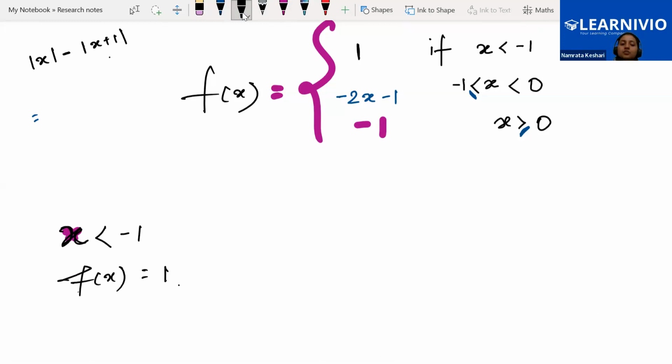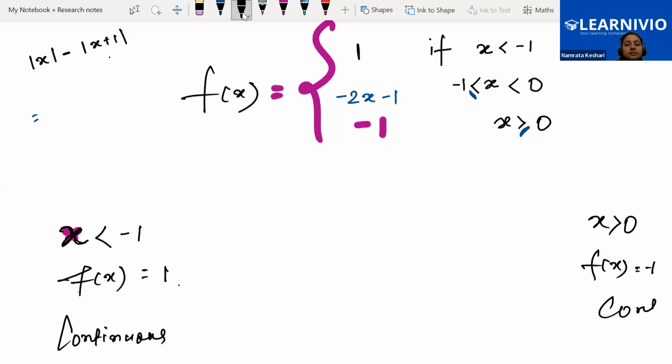It's a constant function. It is continuous. Yes or no? Yes. When x is bigger than 0, then f of x is what? -1. It's a constant function. It is continuous, right? Yes.